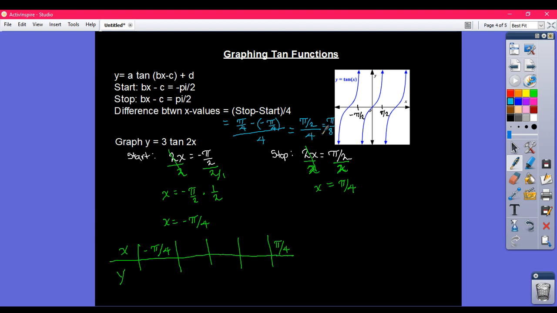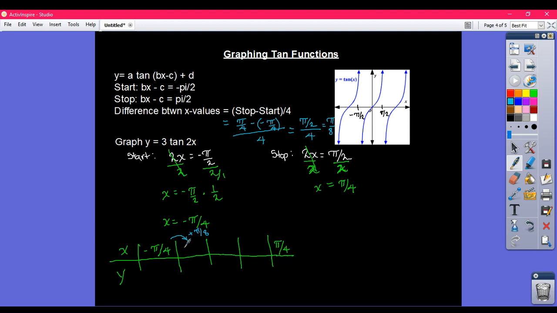So we do the whole keep, change, flip thing again. So each time to get from one x value to the next, you're just adding pi over 8. Do you really have to add the pi? No, because if you're using a calculator, you could just take negative 1 over 4 plus 1 over 8. Make sure you're using your fraction key button, which if you're on a scientific calculator, it's that ABC button. So negative 1 over 4 plus 1 over 8, and you'll get negative 1/8.